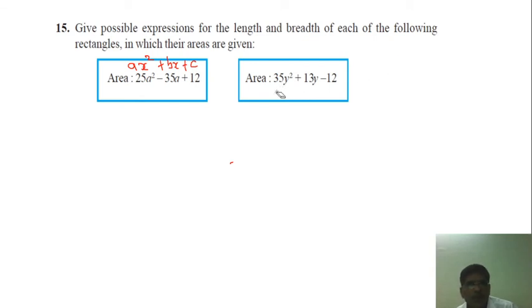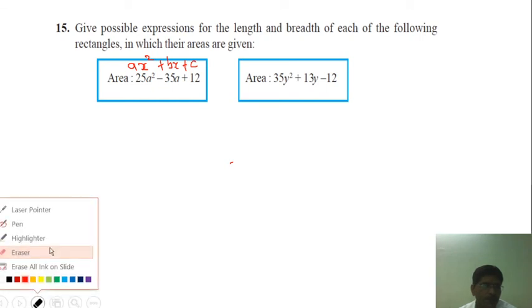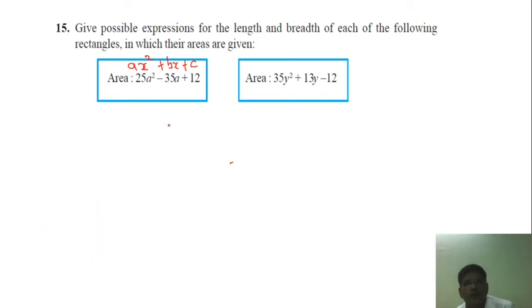So one more sum. 35y square plus 13y minus 12.